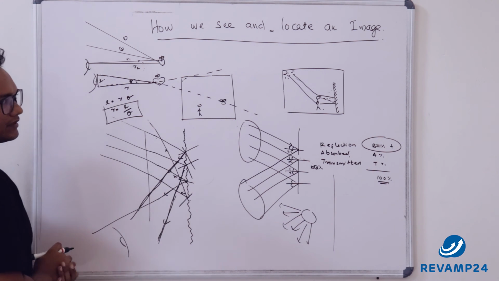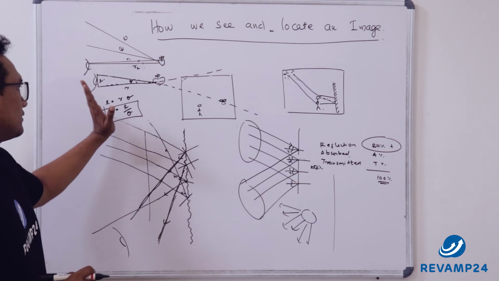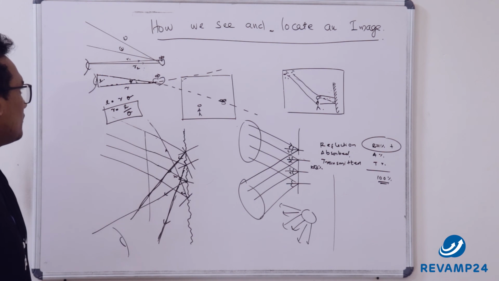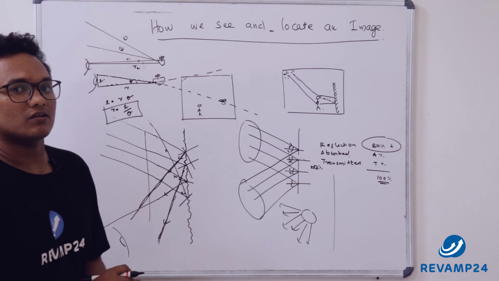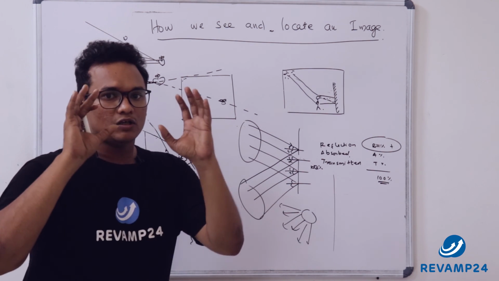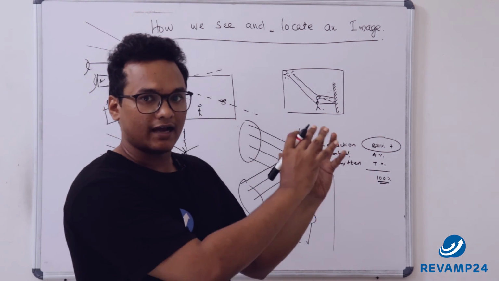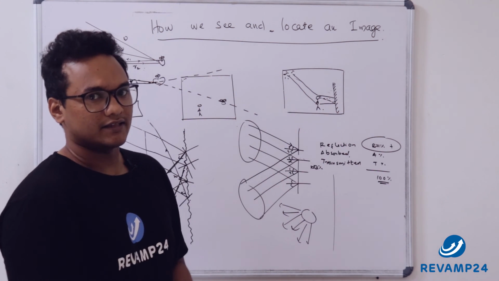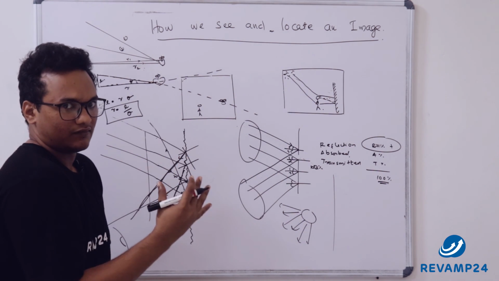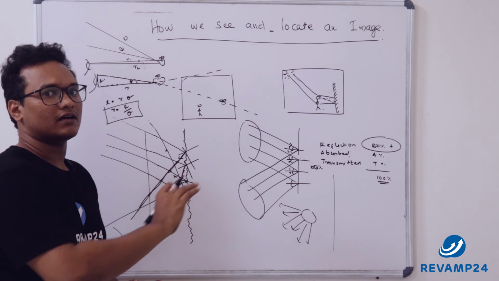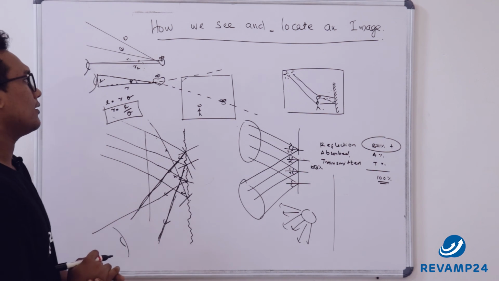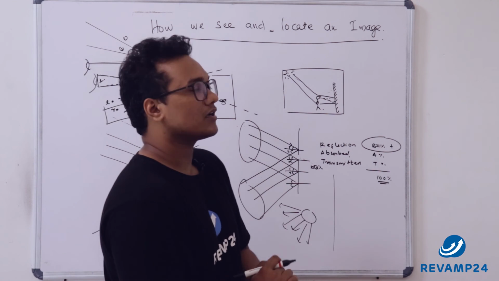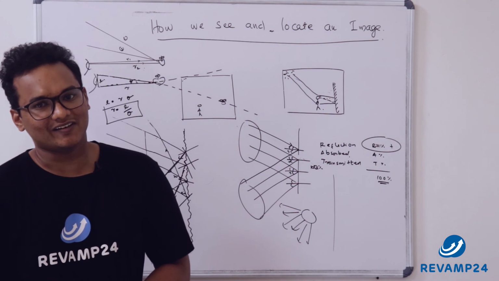These are done in the brain, but this is the working principle of how the calculation occurs in the brain to form the image, to locate the image, and to give us the distance of how far the apple is from us. So this is how we are able to see an object, and this is how we are able to locate an object. Okay, thank you.